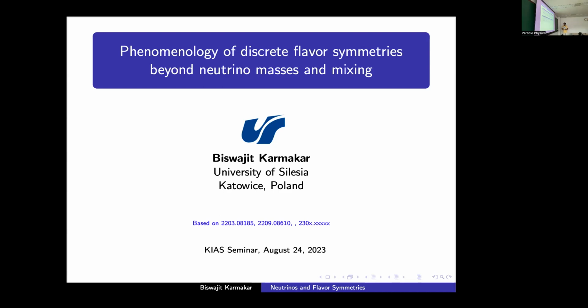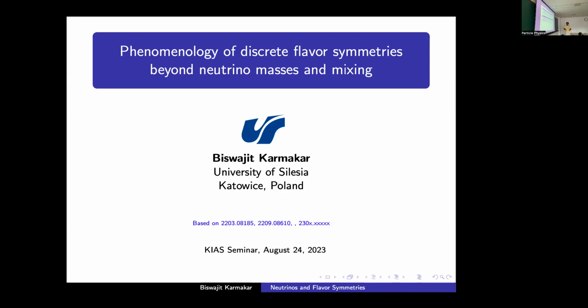The next is texture analysis, where people consider some special texture of the neutrino mass matrix, where for simplified cases some zeros may appear, but it still does not originate from any underlying symmetry.